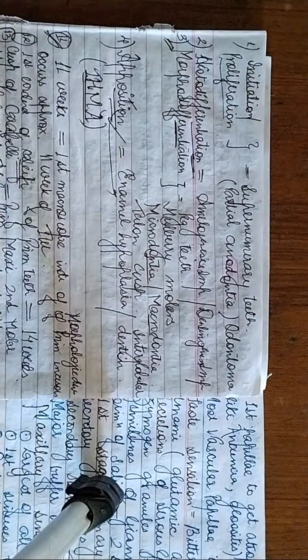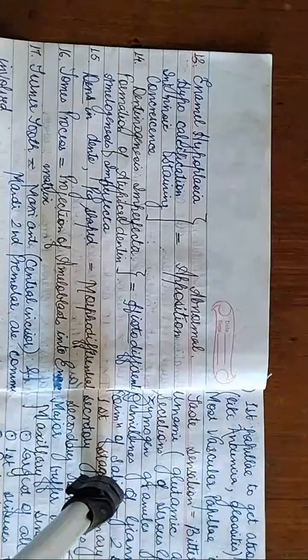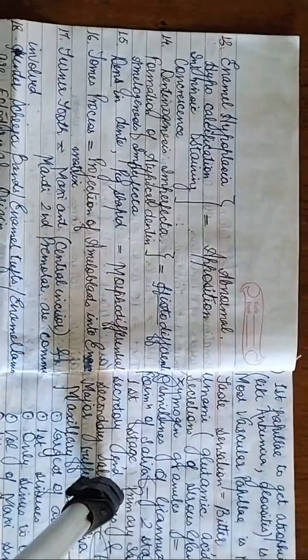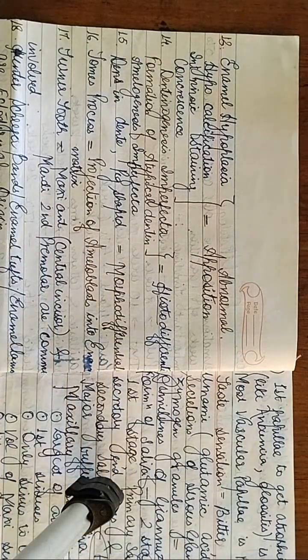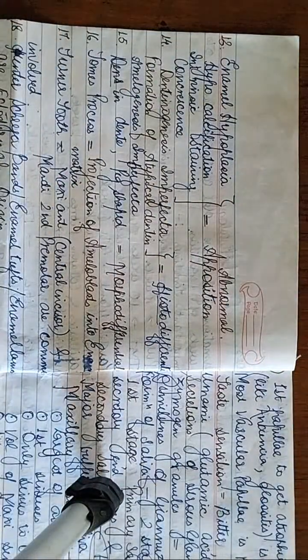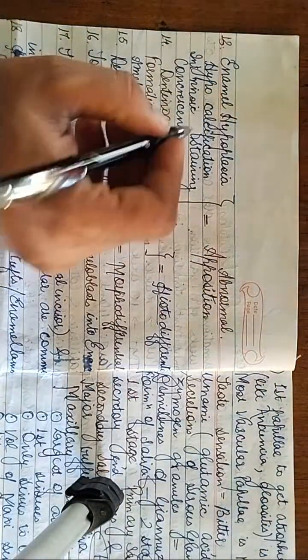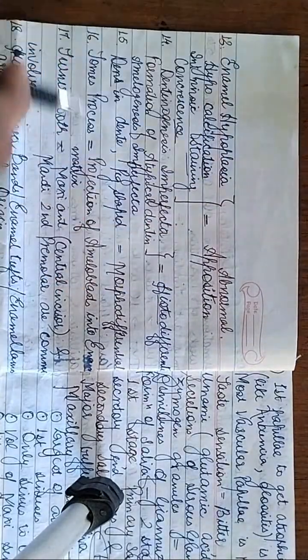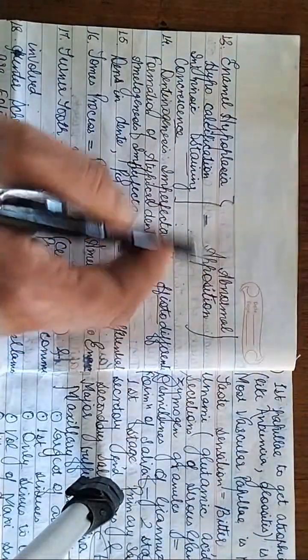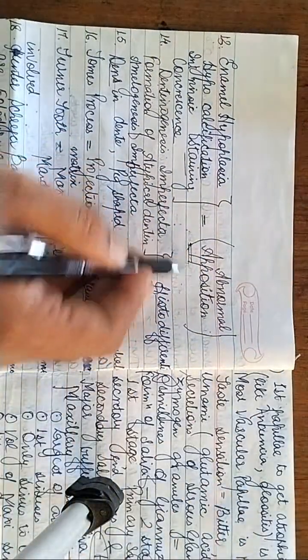Students, this was a very short discussion about the various stages, and in the multiple choice questions they very frequently ask you about enamel hypoplasia, hypocalcification, intrinsic staining, and concrescence. All these defects seen in the teeth mainly arise due to a problem occurring during an abnormal apposition.